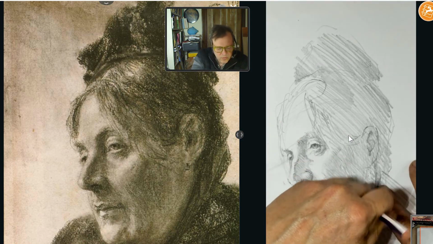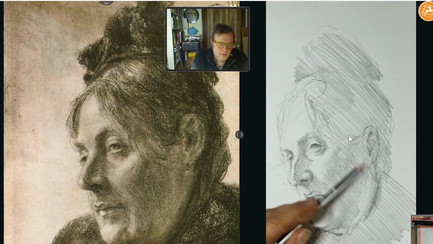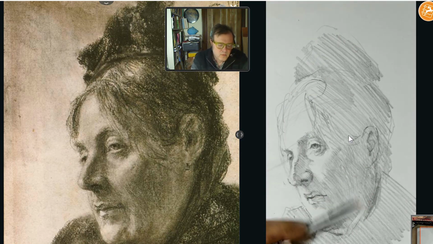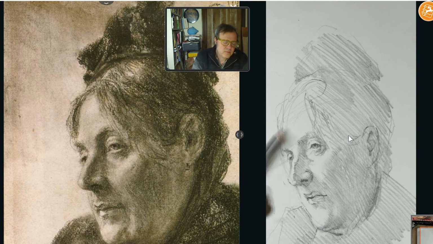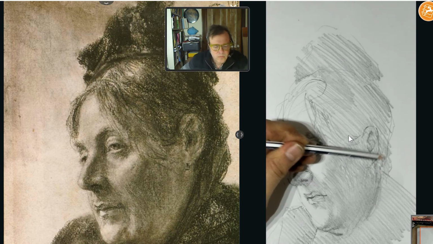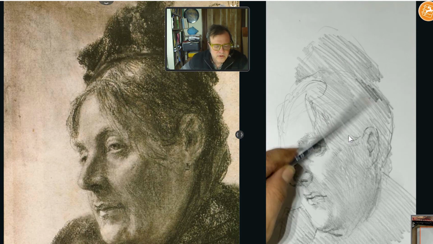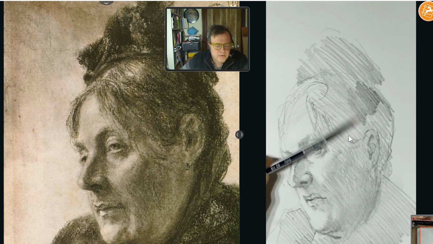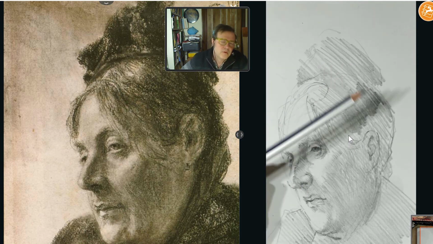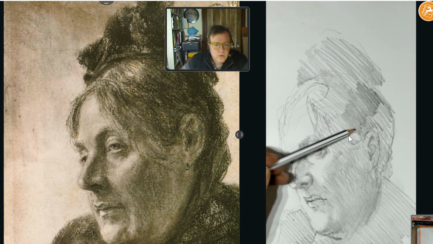Might have to erase my first try on the collar and then just push that back again. And I wish I had a much softer pencil now, because these blacks would be easier to do if I did.